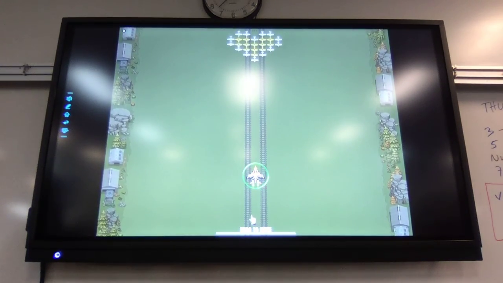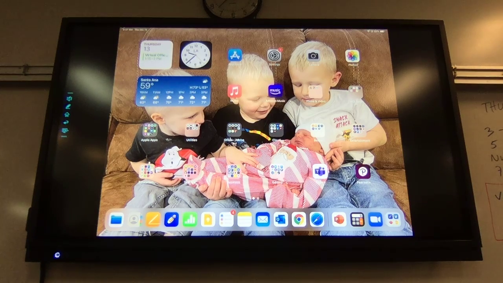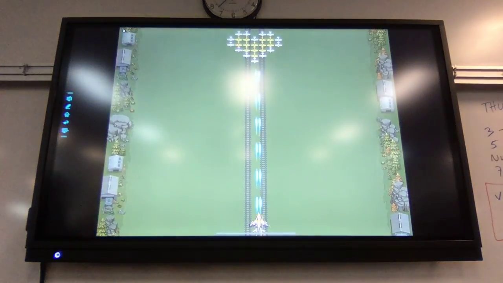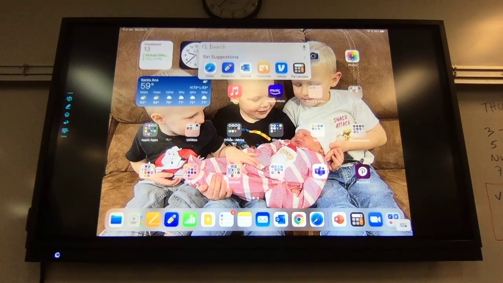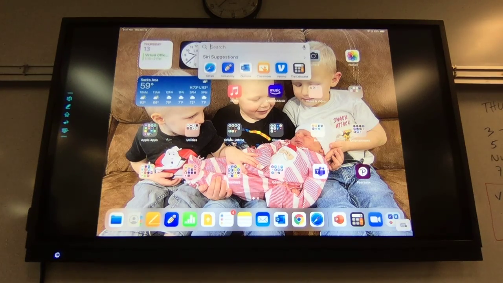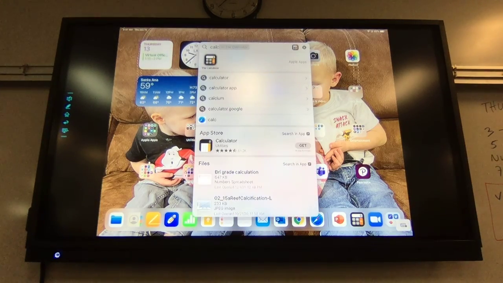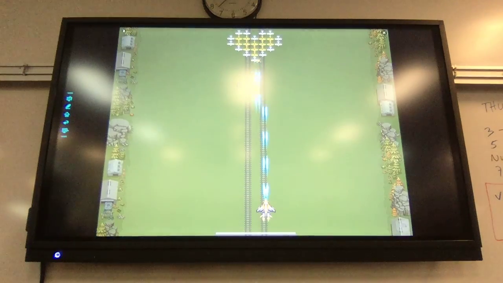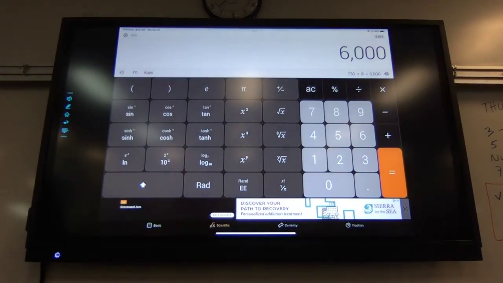All right, so it's going into a game, so I have the financial calculation. I think I thought I had another calculator on here. All right, good.